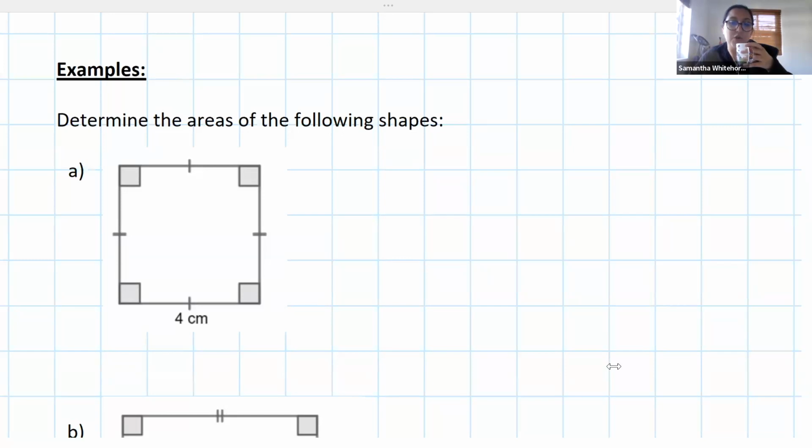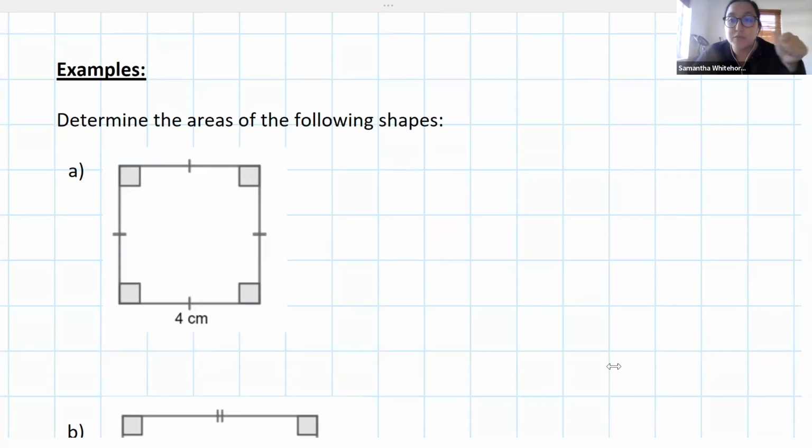Good. How do you know it's a square? So you're all telling me square, and I definitely agree. How do you know that it is a square? Okay, I like where we're going.